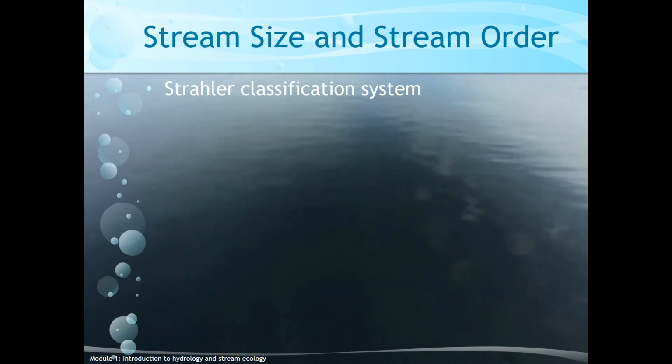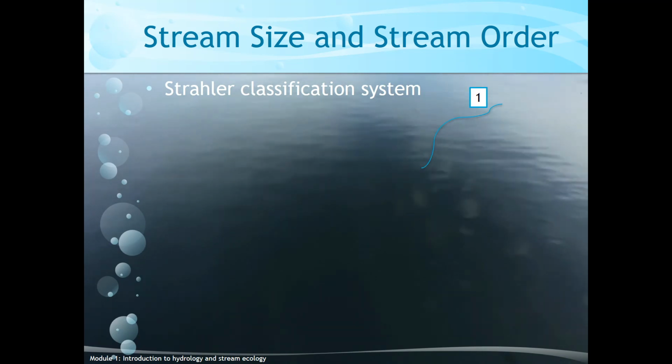Another common way to characterize streams is by their size, and the most common method for classifying streams according to size is the Strahler classification system. This system assigns the smallest streams to a first order, and when two streams of the same order come together, they are assigned to the next highest order.